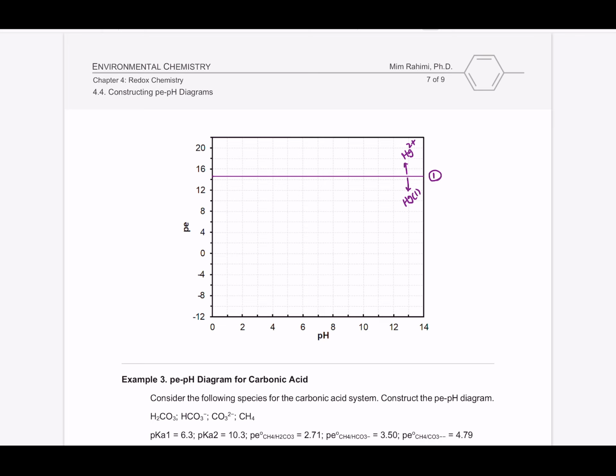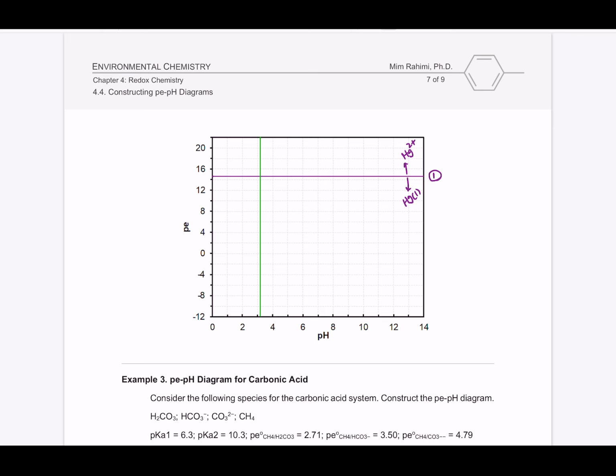So let's go with line 3. I think it's simpler. What is this line? Just a simple vertical line at what pH? 3.1. So roughly this is the line.